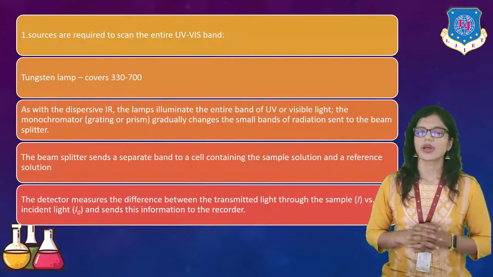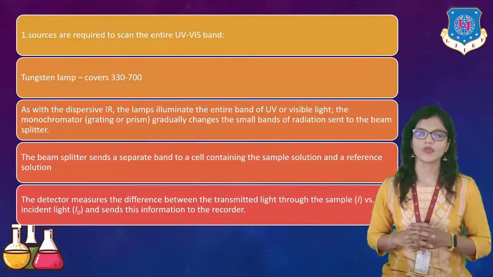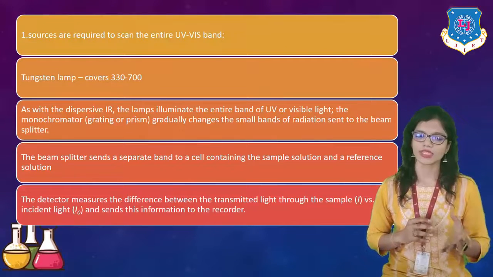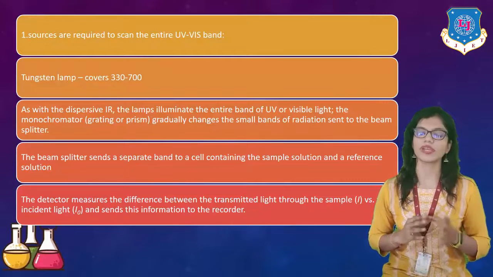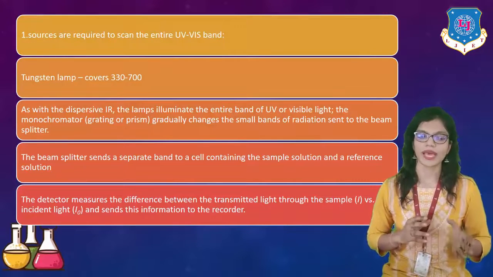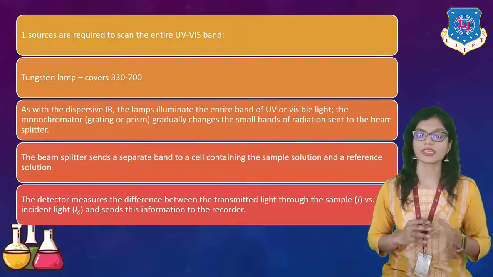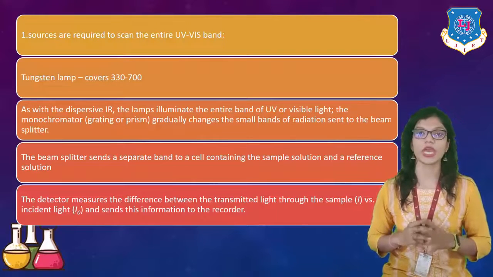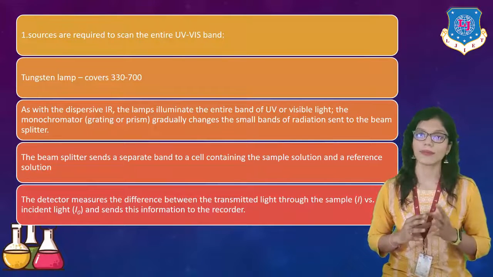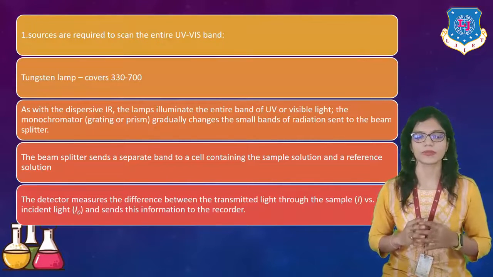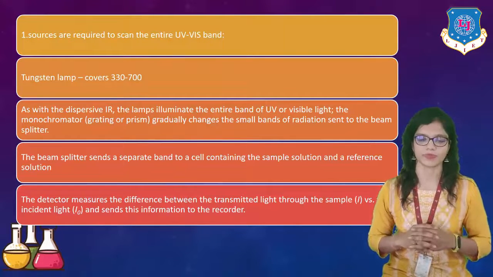The sources are required here to scan the entire UV visible band. Generally, it is a tungsten lamp which covers 330 to 700 nanometers. As with the dispersive IR, the lamps illuminate the entire band of UV or visible light. Here the monochromator, which can be a grating or a prism, gradually changes the small bands of radiation sent to the beam splitter.